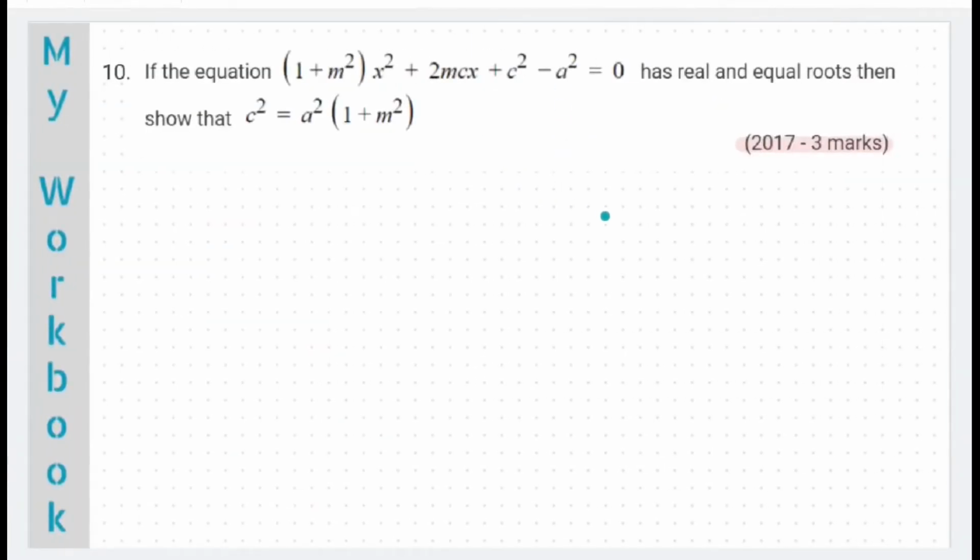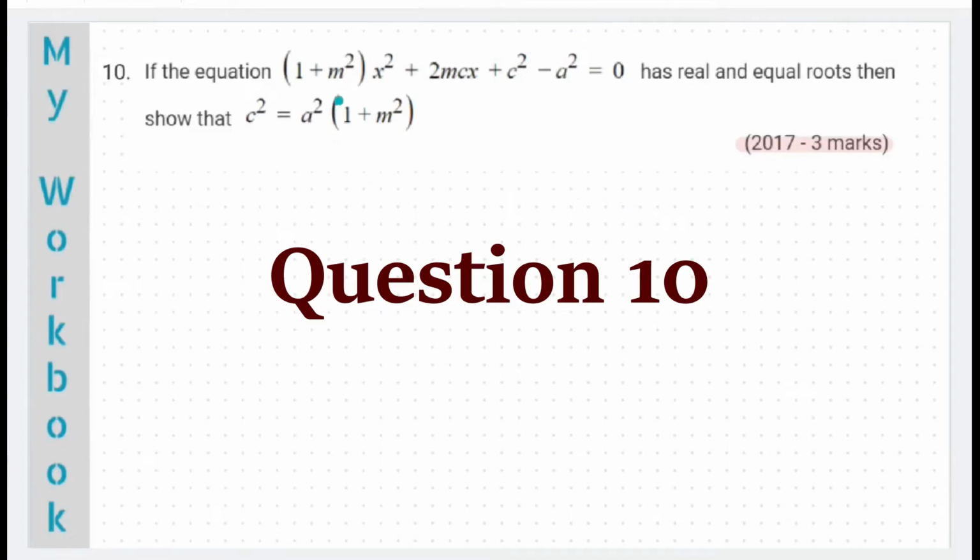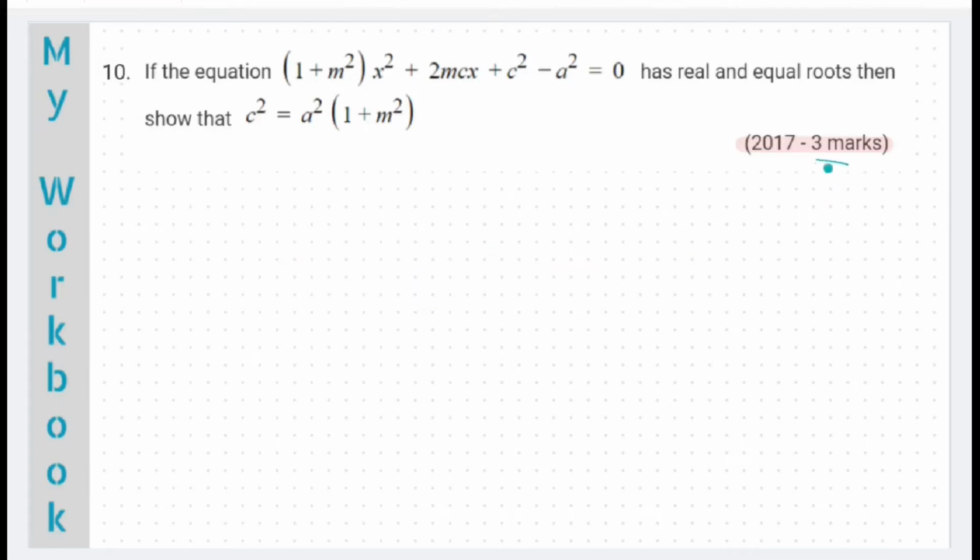Question number 10. If the equation (1 + m square) into x square plus 2mcx plus c square minus a square is equal to 0 has equal and real roots, then show that c square equal to a square into (1 + m square). Again, it's a 3-mark question. So we have been given the equation, and also the condition given is the equation has real and equal roots.